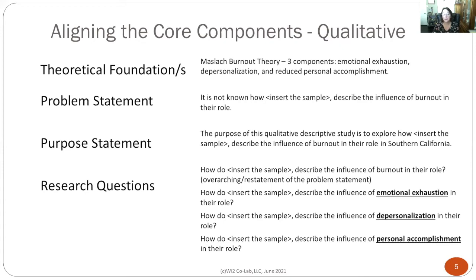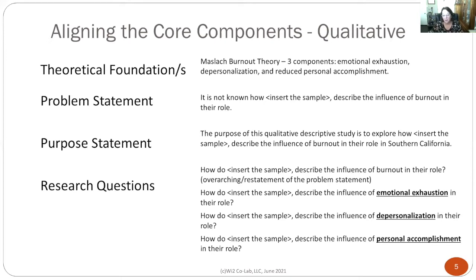Now, let's come down to the research questions. There are some universities that want you to restate the problem statement in the form of a question. It helps the student to collect information that may not be aligned to the theory. So most of the time we insert it, and the numbering on these is different.